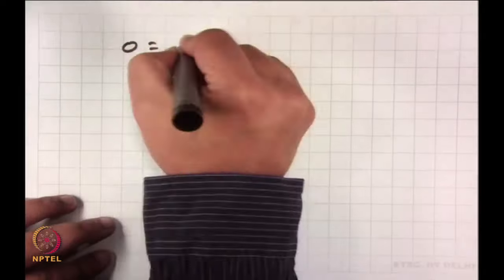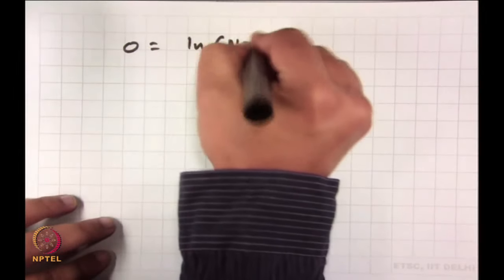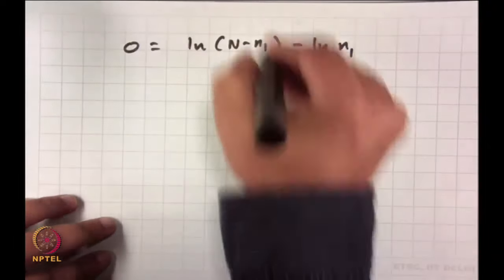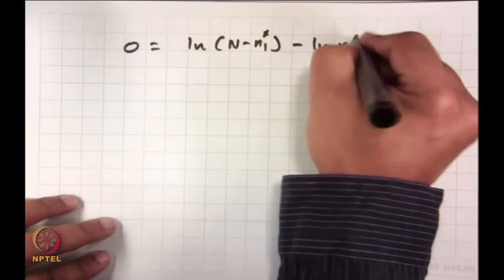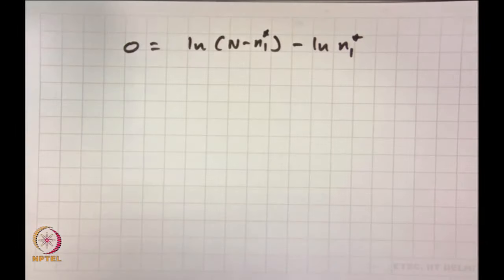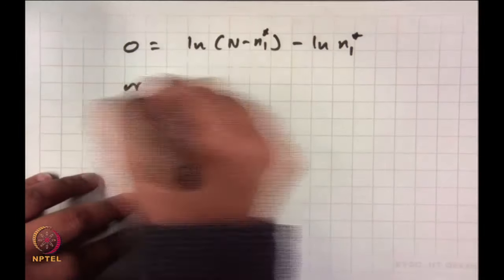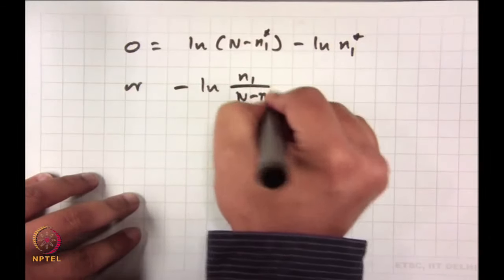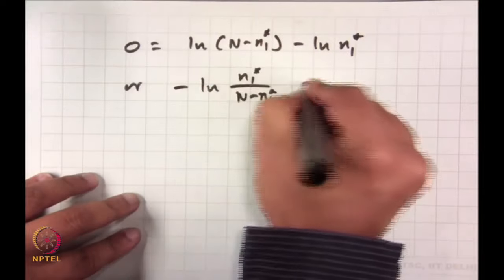Okay. So, what this becomes is 0 equal to ln(n minus n1) minus ln n1. Now, what I will do is I will put n1 star, okay, or ln of (n minus n1 star) over n1 star is equal to 0.